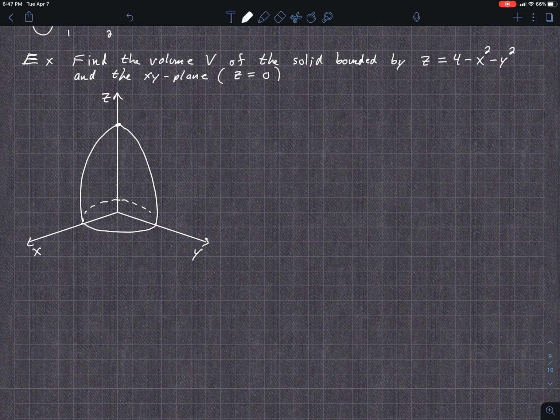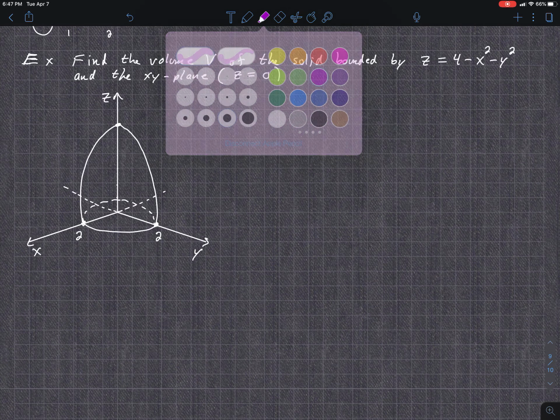So you got your paraboloid coming down like that. Then you have your circle down here. It's going to look something like that. So at 0, you can see that it's going to be radius 2. So we know that this is going to be 2, and then that would be 2. And then if you went back, which we're not, it would be negative 2 and negative 2.